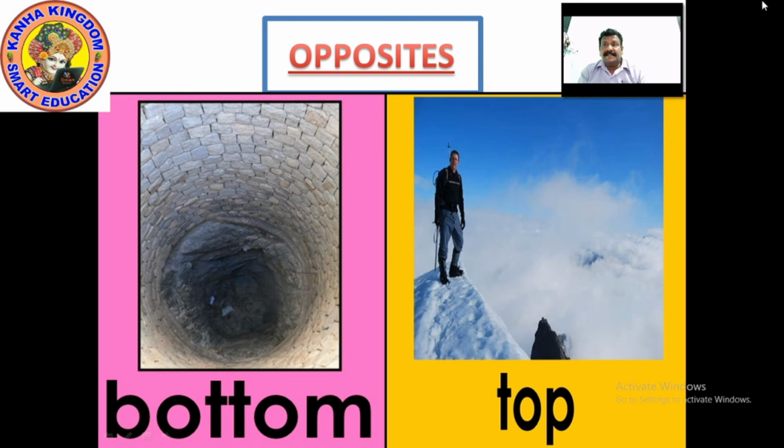Now you can see there is a well, and in the deep well you can see its bottom. Bottom means its lower surface, right? When you look deep down in the well, you can see it is totally dry and you can see the bottom of the well. And on the right, you can see someone standing at the top of the mountain.